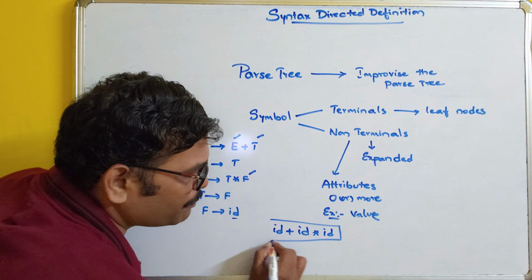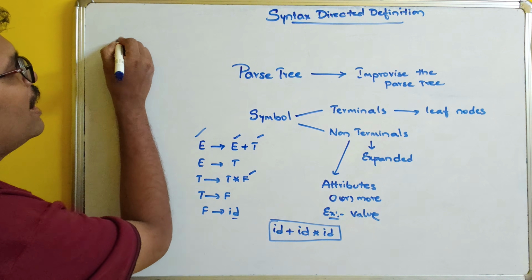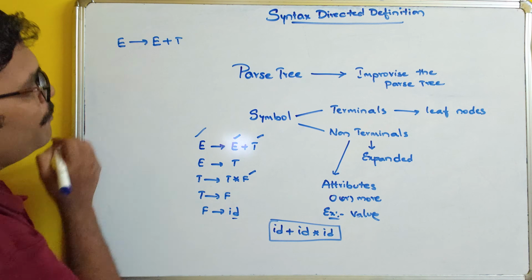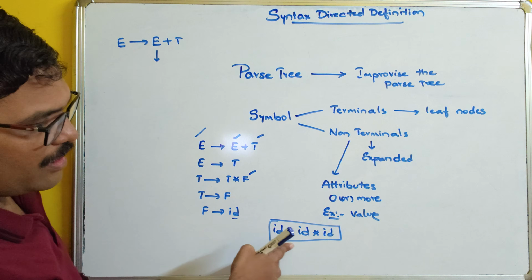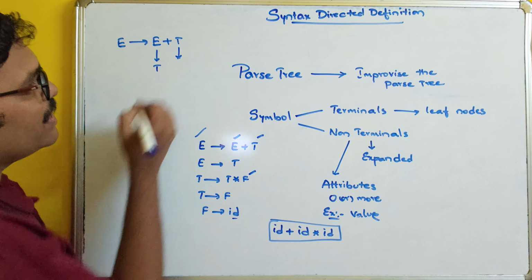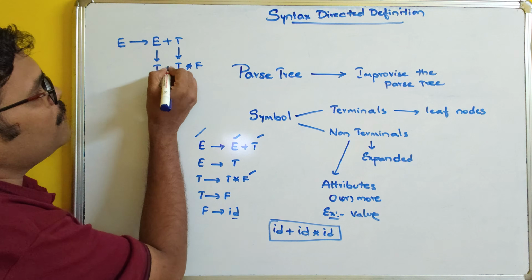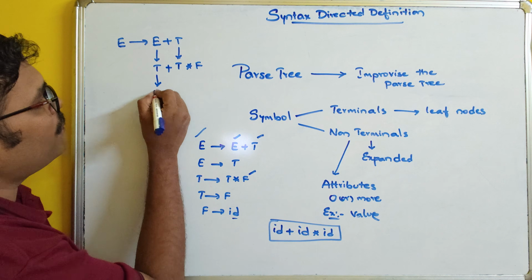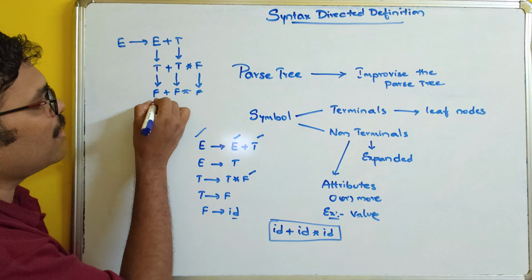To parse this particular input string, we start from the initial production, E tends to E plus T. Here E can be considered as a T, and this T can be considered as T into F. Then this T can be expanded with F, and this T is already F. So plus and star, and now it will be ID.